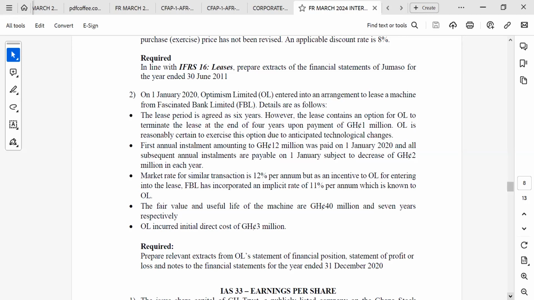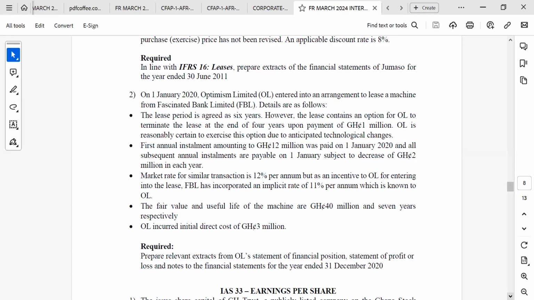Okay. Market rate for similar transaction is 12% per annum, but as an incentive to OL for entry into the lease, FBL has incorporated an implicit interest rate of 11% per annum, which is known to OL. So you use the interest implicit in the lease.